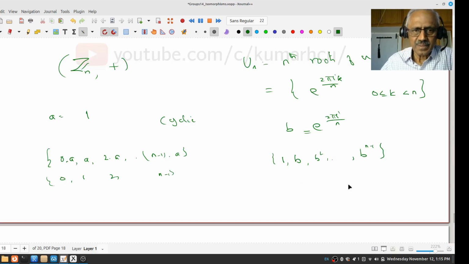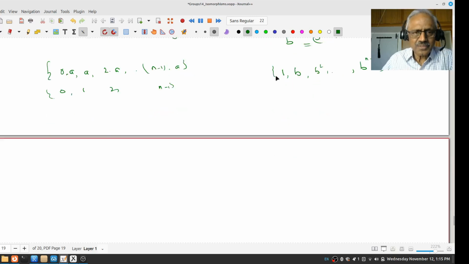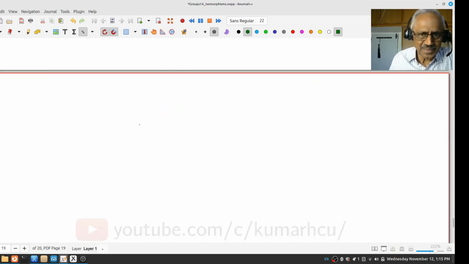So now this is a finite cyclic group under addition, whereas this is a finite cyclic group under multiplication, but both have n elements. Can you think of an obvious map? Yes, the obvious map is f of a^r goes to b^r.